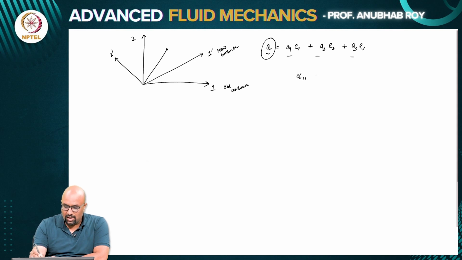So what is alpha 1 1? Alpha 1 1 is the angle between the old 1 direction with the new 1 prime direction.